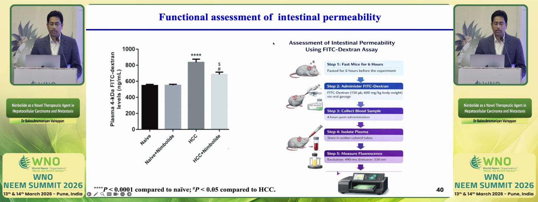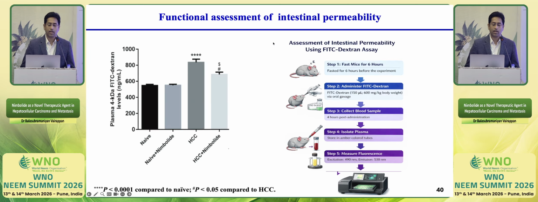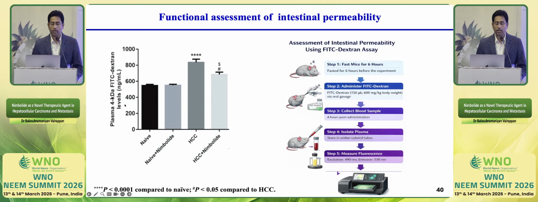So further, we looked at the functional assessment of intestinal permeability by measuring plasma FITC-dextran, fluorescein isothiocyanate conjugated dextran assay. This is the gold standard for measuring intestinal permeability, because once the intestinal breach occurs, this will come out from the intestine and show up in the circulation.